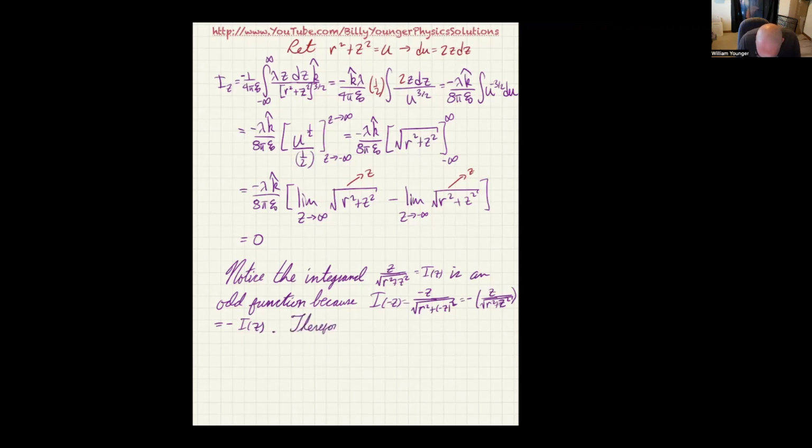Therefore, the integral of I of z from negative infinity to positive infinity is equal to 0.